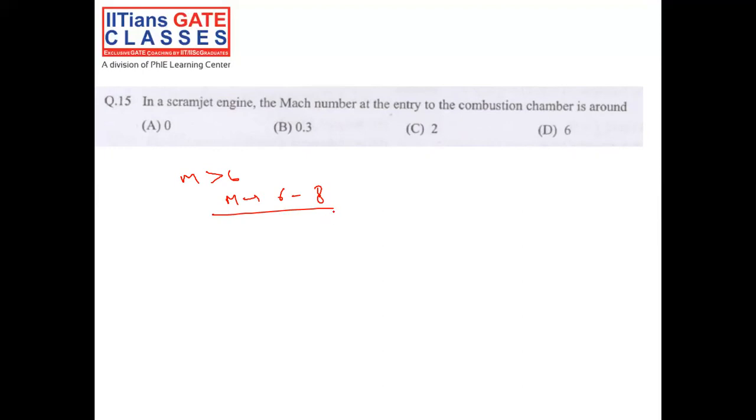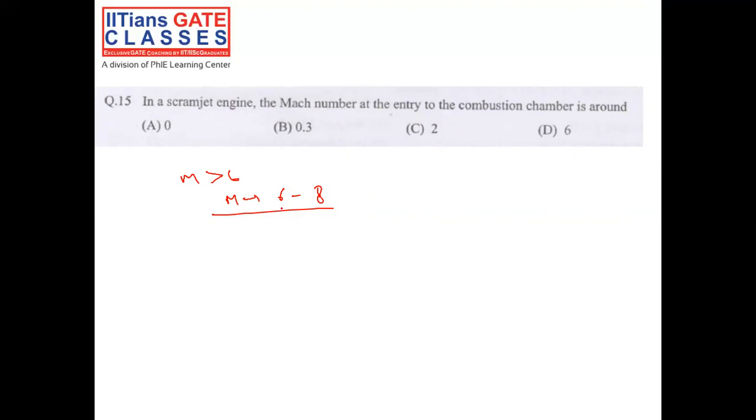So after the diffuser, when the flow enters inside the combustion chamber, the pressure is high and the Mach number is reduced from what it was at the entry of the diffuser. But in the scramjet engine, the combustion always takes place at a supersonic speed.